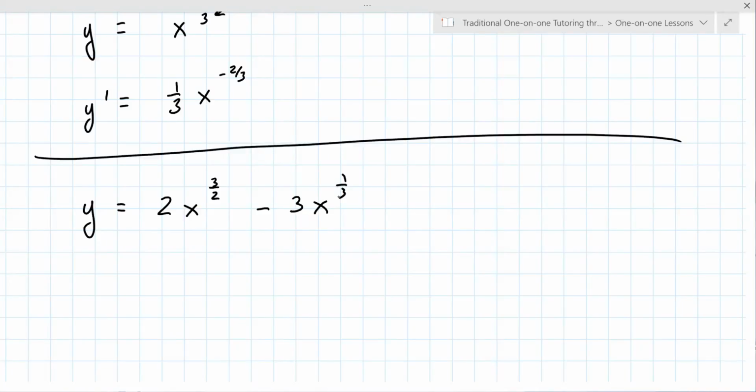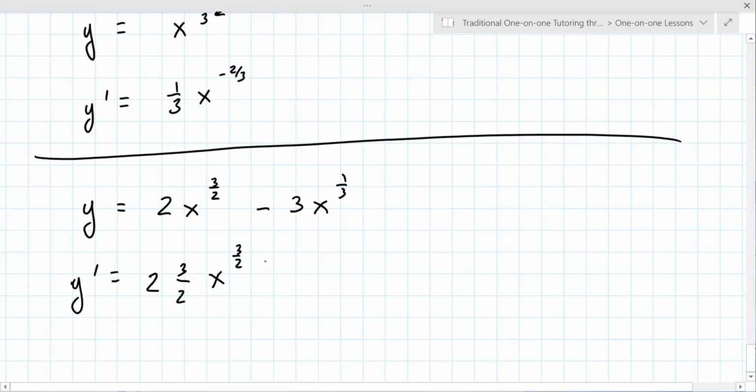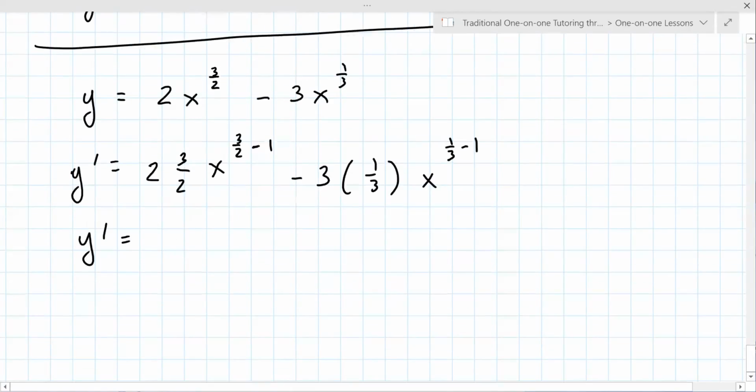All right, how are you doing on this one? I got... So it's 2 times 3/2, which is 3. Yep, x to the 3/2 minus 1, minus 3 times 1/3 x to the 1/3 minus 1. Oh, I was simplifying the first one.